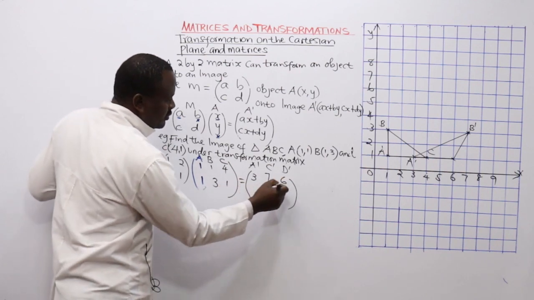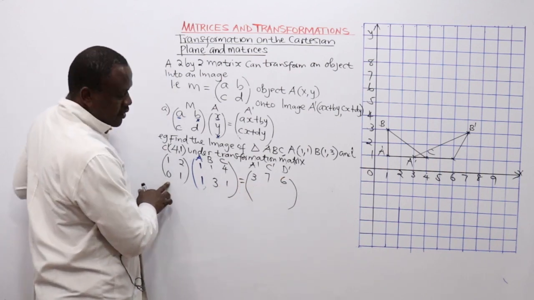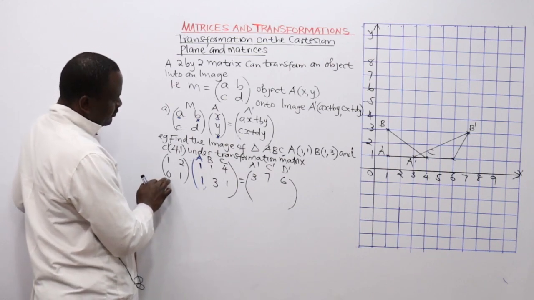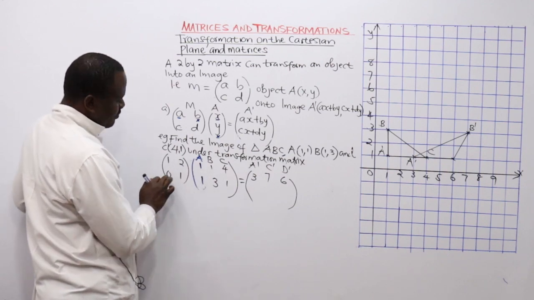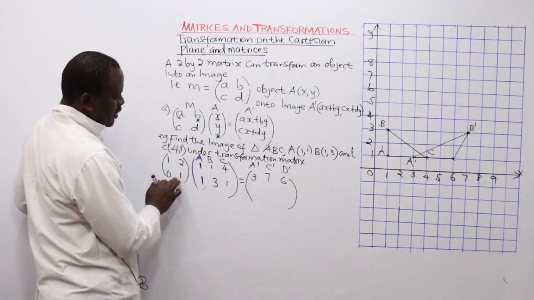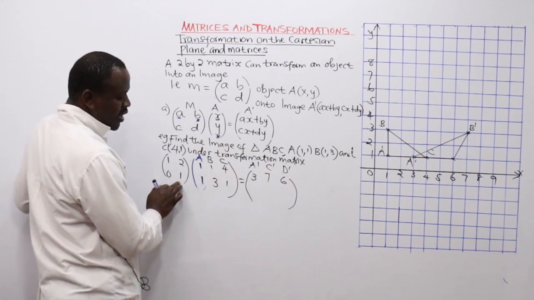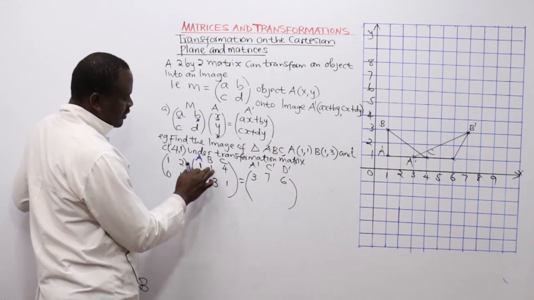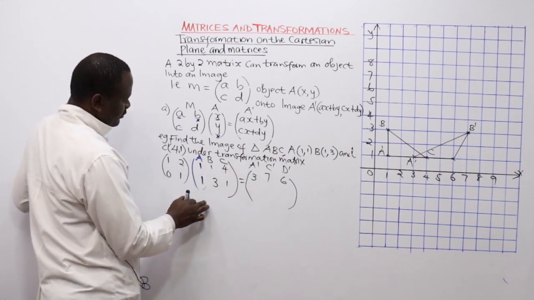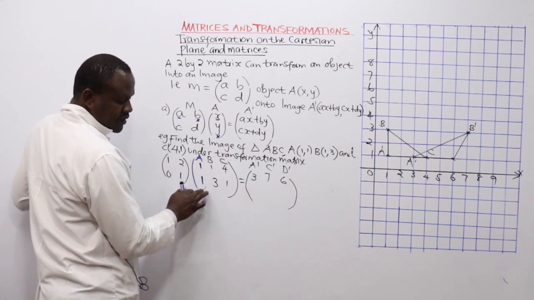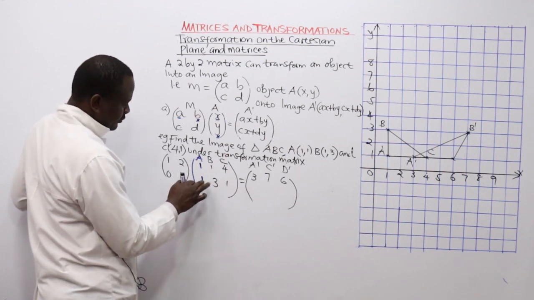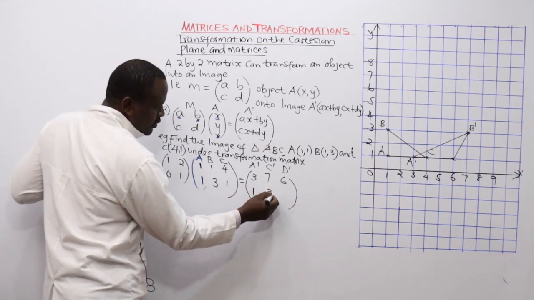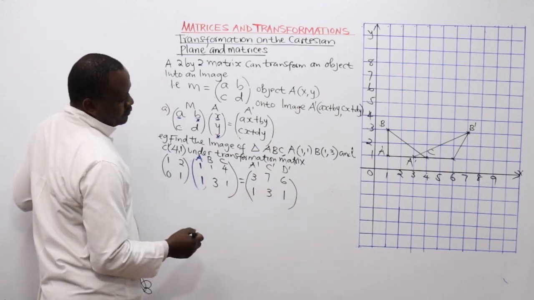is 6. Now, here it's very easy because the top values are multiplied by 0 and the bottom ones are multiplied by 1. So what happens is that the values up there will all be zeros and the ones down will be multiplied by 1. So they will remain the same, 1, 3, 1.